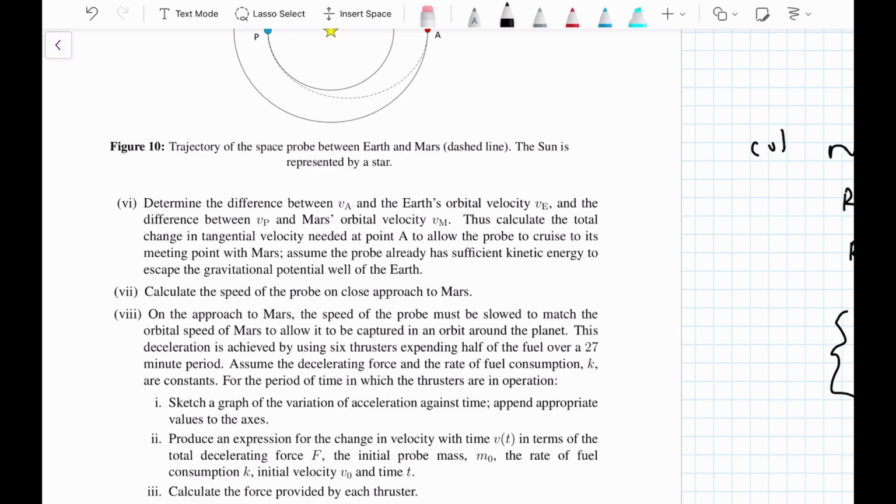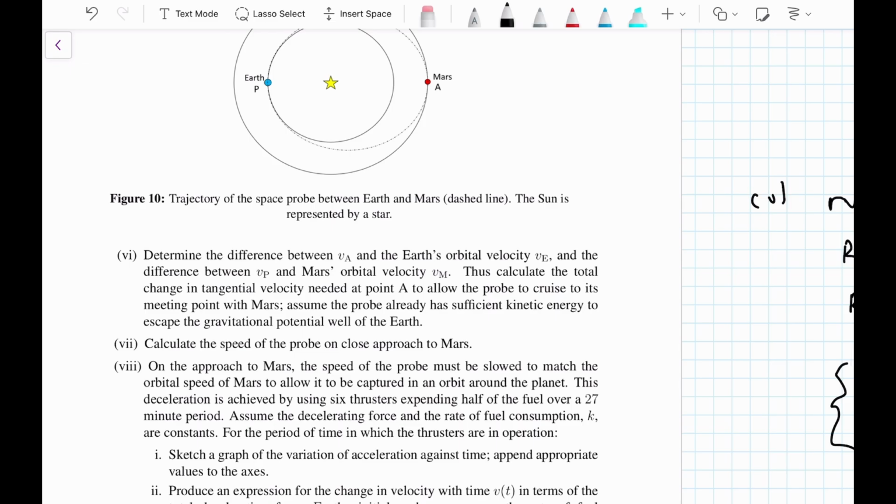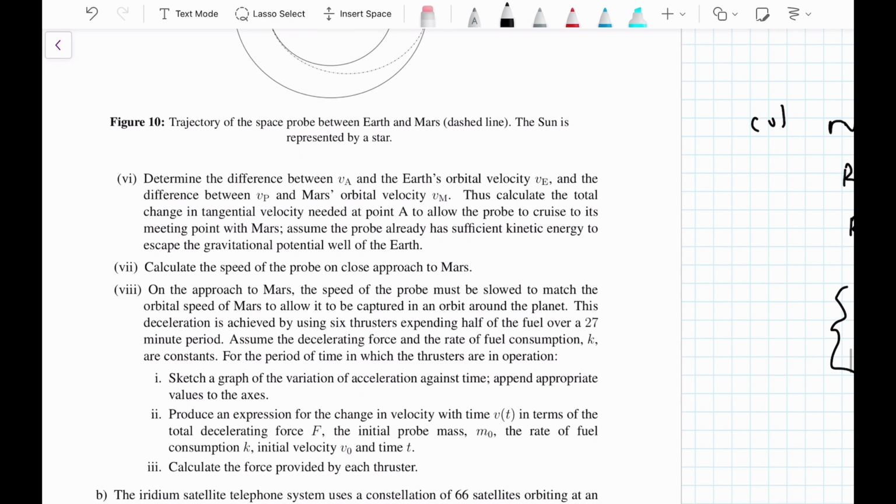Okay. I feel like I've made a mistake somewhere. Well, the seventh part won't be that easy. Calculate the speed of probe on close approach to Mars. Okay, so for the sixth part, it says cruise to meeting point with Mars. Does it mean the difference in the velocity between VA and the velocity that the satellite requires to orbit around Mars?